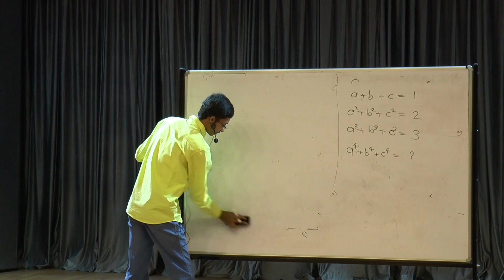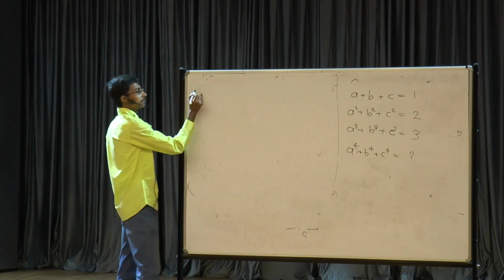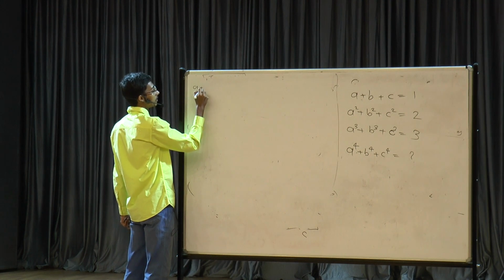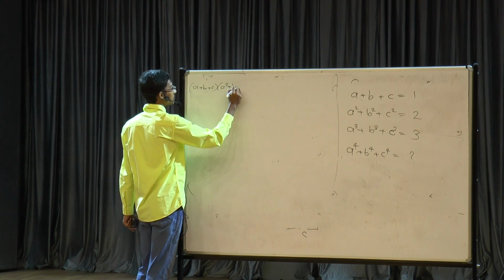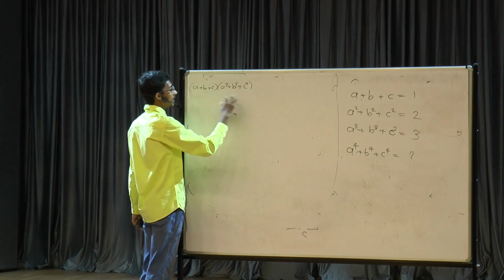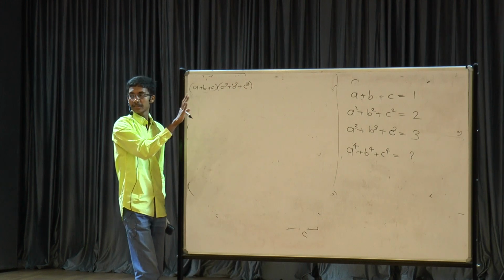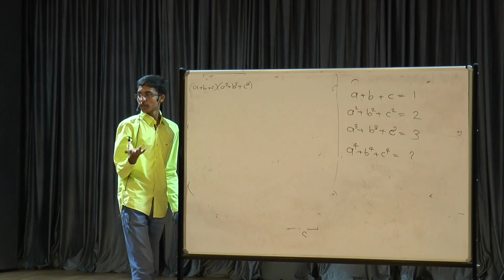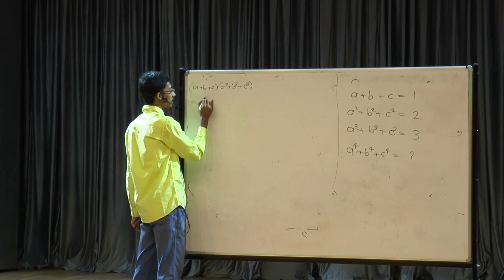So let's first calculate A power 4, B power 4, C power 4. So if I were to do this, this will give me A power 4, B power 4, C power 4 and some extra terms. I want to get rid of those extra terms, right?